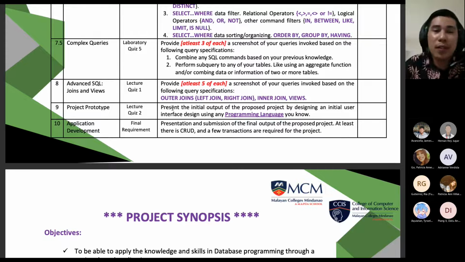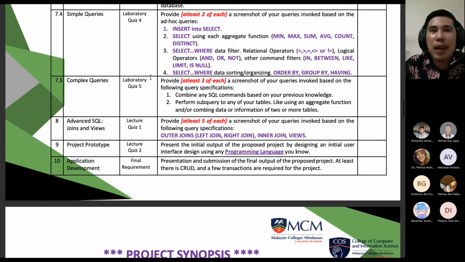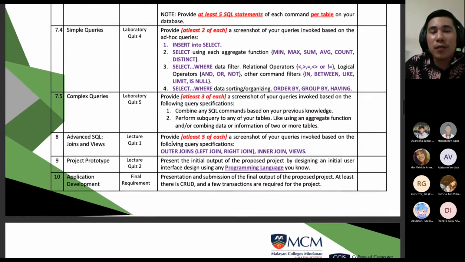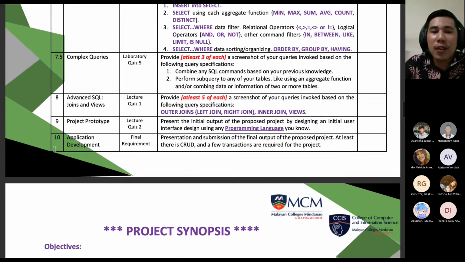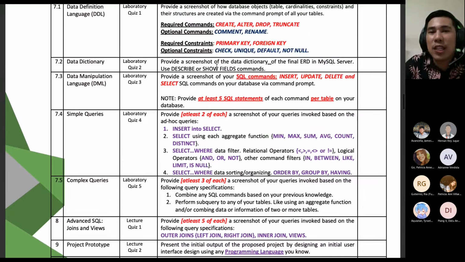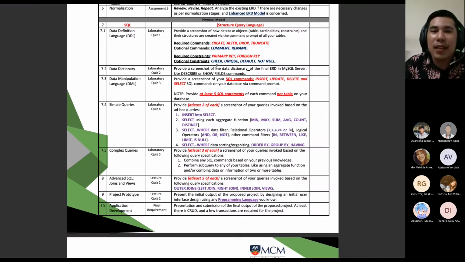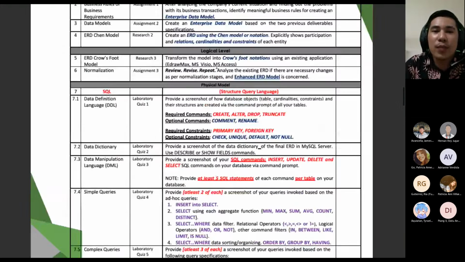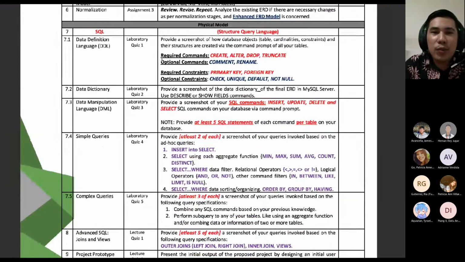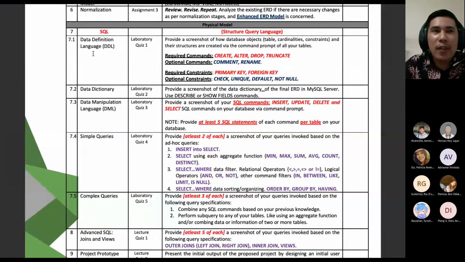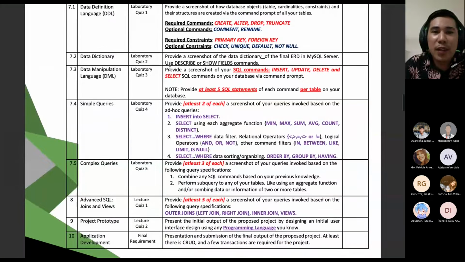Of course if we are given enough time, it would be better to have transactions, but let's only limit ourselves to CRUD, especially because of our setup in classes. Don't worry, I'm going to remind you of the deliverables every now and then.